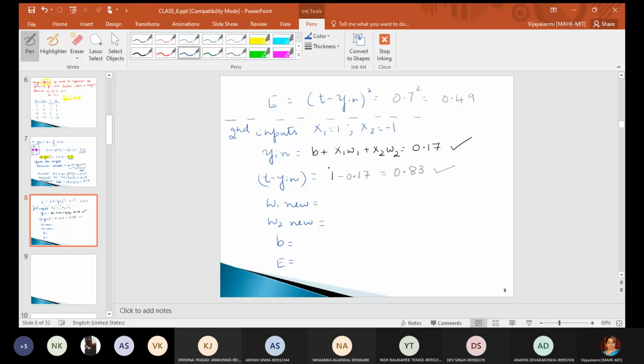What is W1 new? 0.253, ma'am. 0.253. Very good. This is right. So it is the 0.17 plus alpha 0.1 into 0.83 into 1. Very good. So what is W2 new?